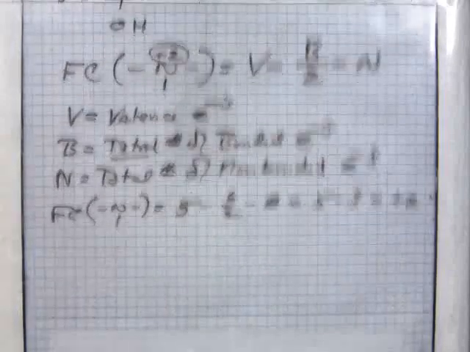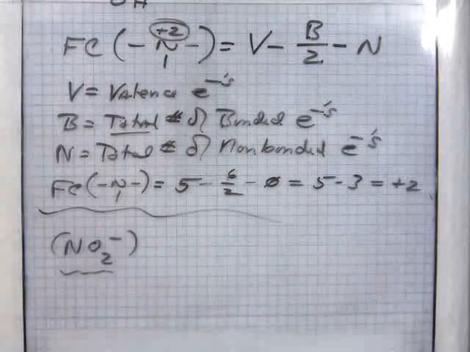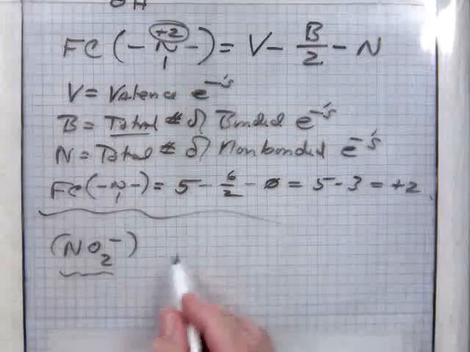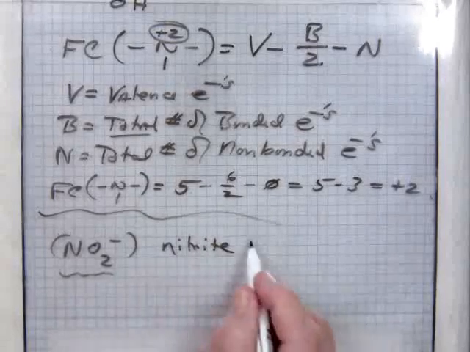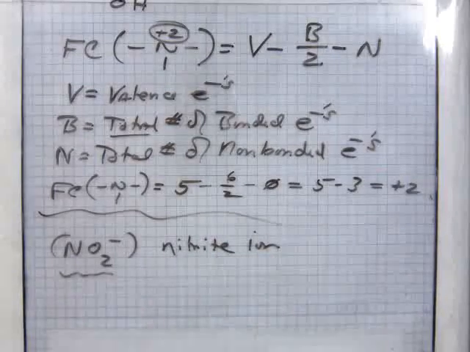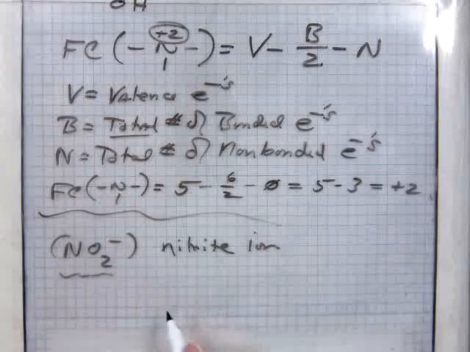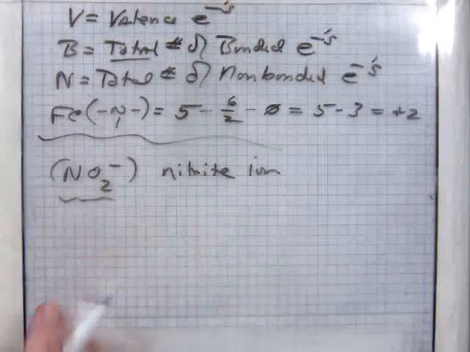Okay, let's see if I can give you some examples here. Okay, let's take the nitrite. If we draw the Lewis structure on this, we got 2 oxygens around a nitrogen. I'm out of chalkboard here.